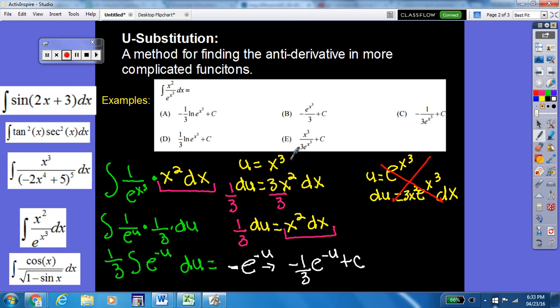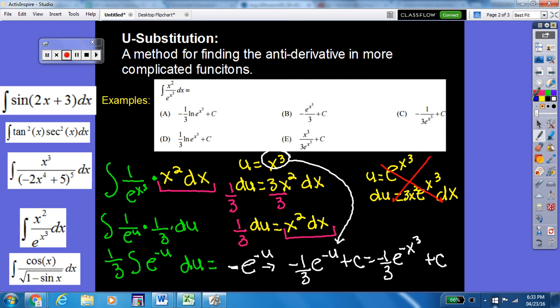Now it's time to replace that u with x cubed, and so I get negative 1/3 e to the negative x cubed plus c.